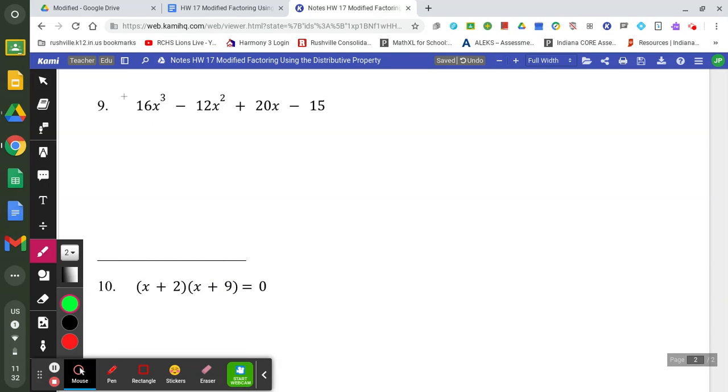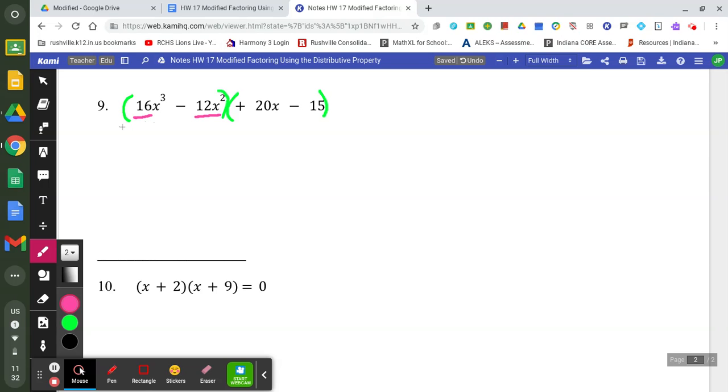Okay, there's one more that has 4 terms. And since they all have numbers, we look to see, is there any number that will go into all of them? And the only numbers, let's see, 2, but a 2 doesn't go into 15. 4 doesn't go into 15. So we still have to do our 2 sets. Greatest common factor. A 2 will go into both of those. A 4 will go into both of those.